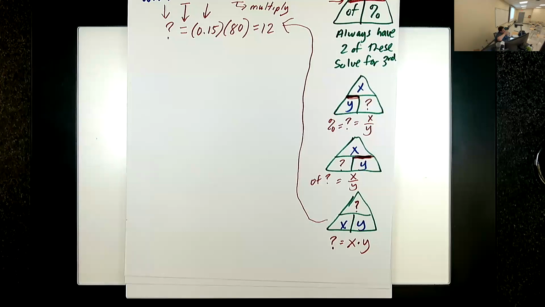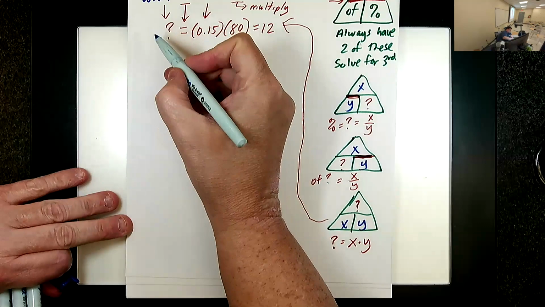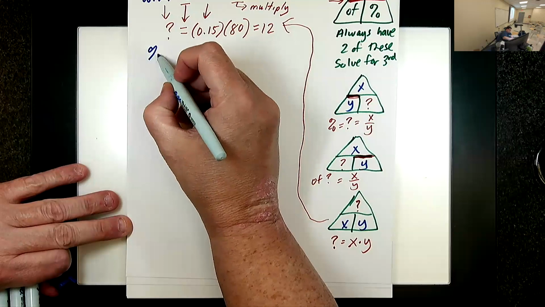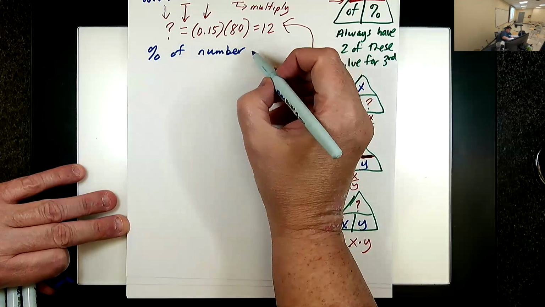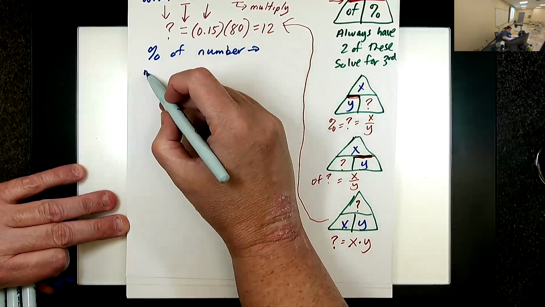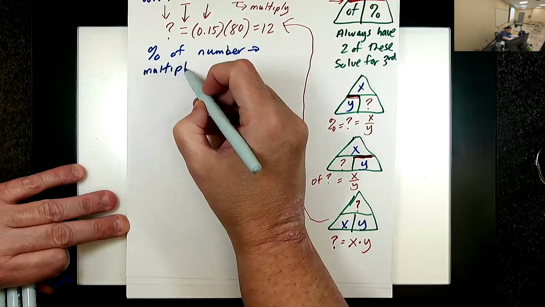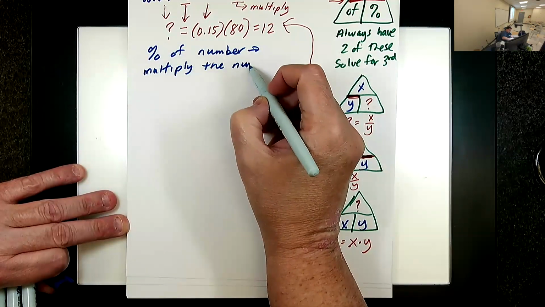Being able to dismantle it as words is probably more beneficial to your overall word problem solving ability. So like here, when we have a percentage of a number, like we did here, we want to multiply the number by the percentage as a decimal.